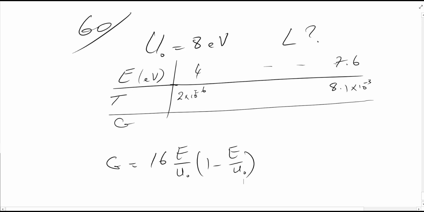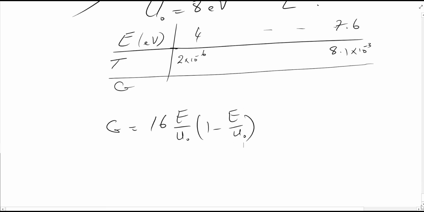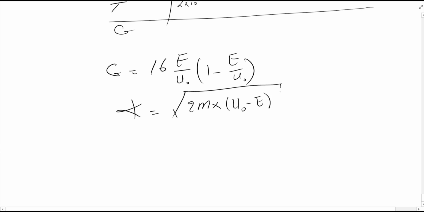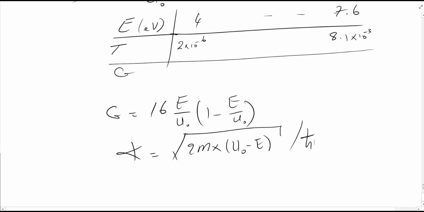So we know the mass of the electron, so we can find kappa now. So kappa is going to be the square root of 2m, where m is that of the electron, times the energy gap, which is U naught minus E, divided by H bar. This is the expression we found in the first problem we started with.